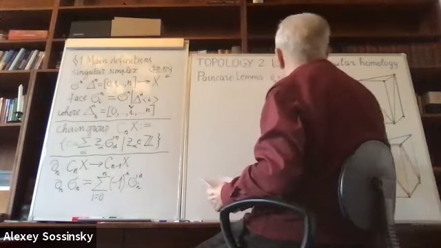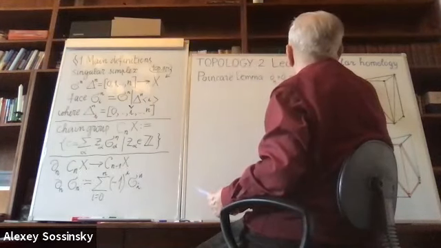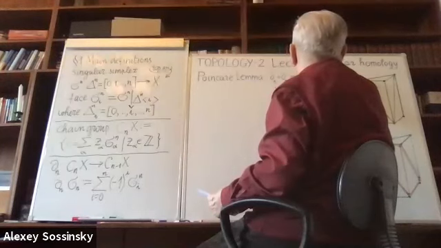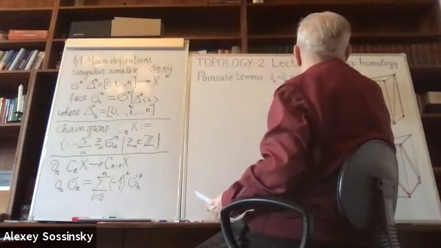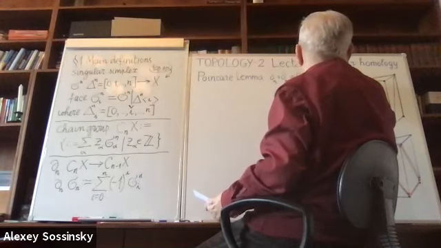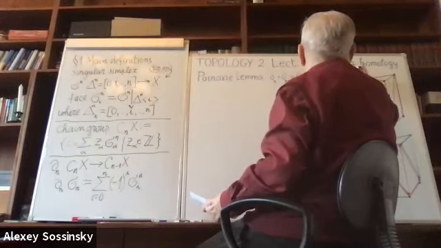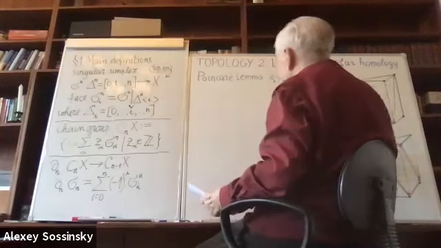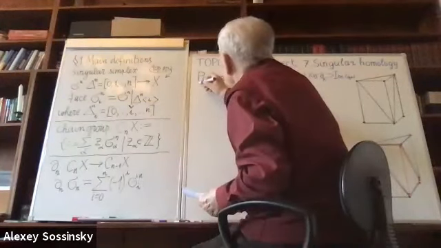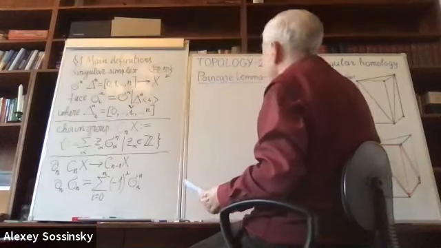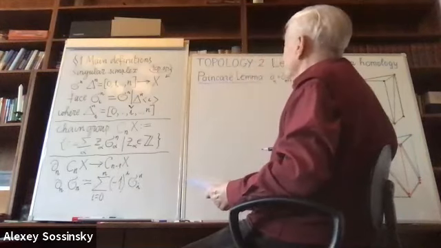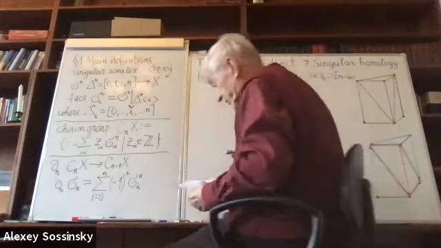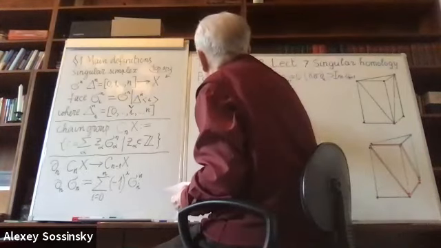And this is the same as saying that the kernel of d n contains the image of d n plus 1. The proof of the Poincaré lemma is exactly the same as the proof of the corresponding lemma for simplicial homology.